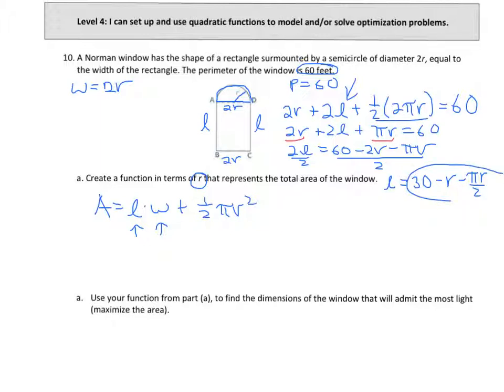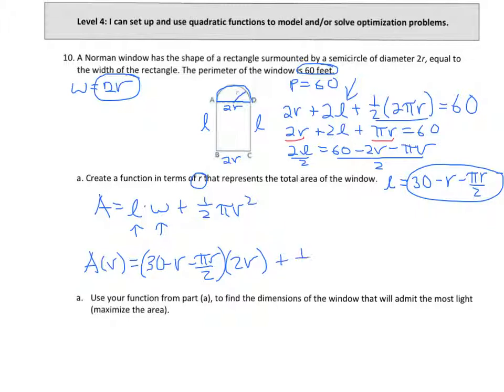Now this L and this expression for w can be replaced in my area function, and I can find a function for the area that only has r's in it. So A of r is going to be, I replace L with 30 minus r minus pi r over 2, times the width, which I replace with 2r, plus the area of the semicircle, which is half the area of a circle, 1/2 pi r squared.